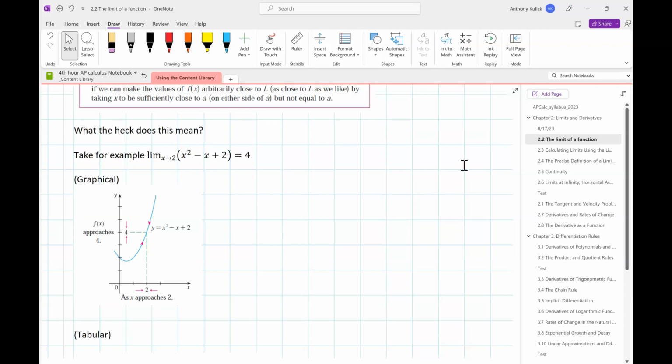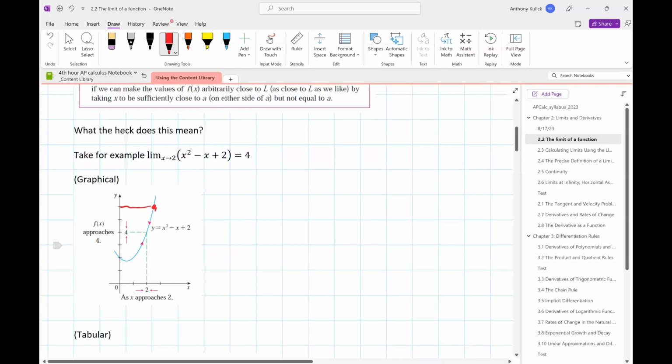Okay. So what the definition says is that we say the limit as x approaches 2 of f of x is equal to 4 if I can get closer and closer to 4 by taking values closer and closer to 2, right? So let's say I start with this value right here.